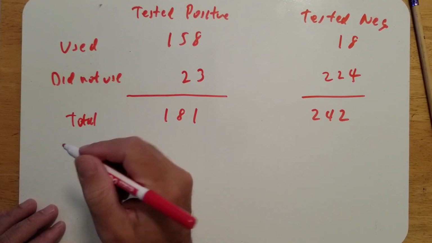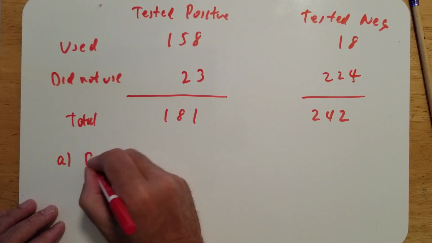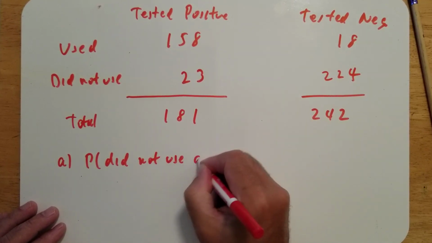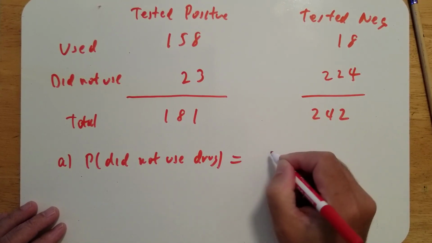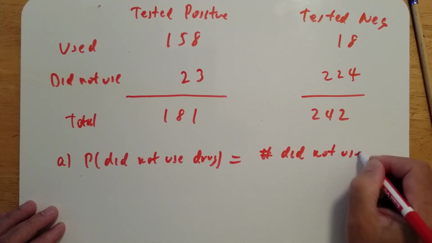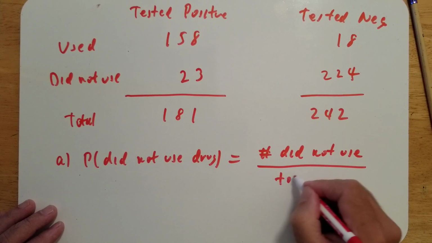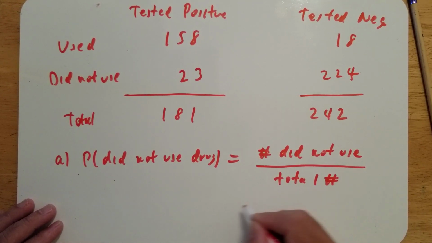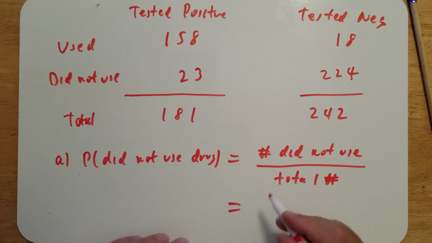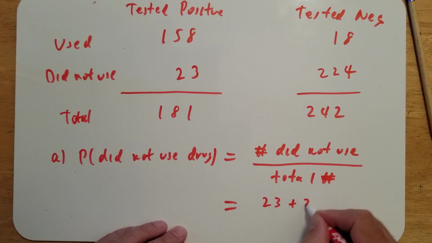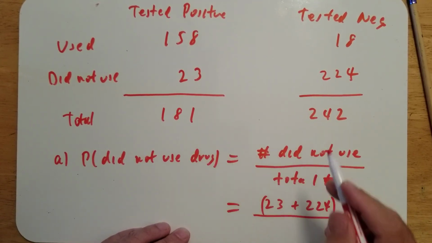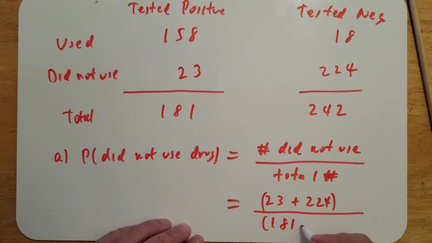The probability that a subject did not use the drug. Well, this would be the number who did not use divided by the total number. The number who did not use is 23 plus 224, and the total number is 181 plus 242.